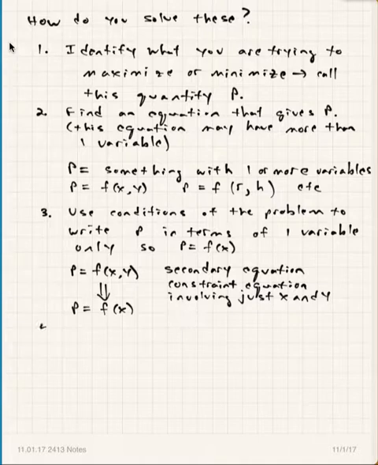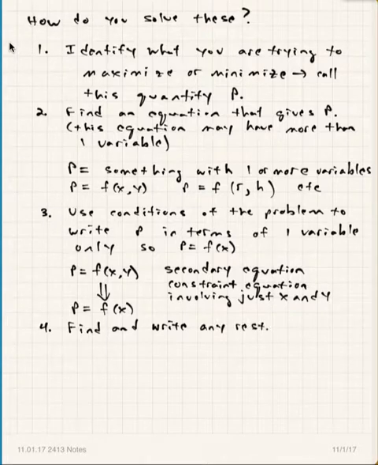All right, step 4. You're going to find and write any restrictions on X, and write them down when you find those restrictions.